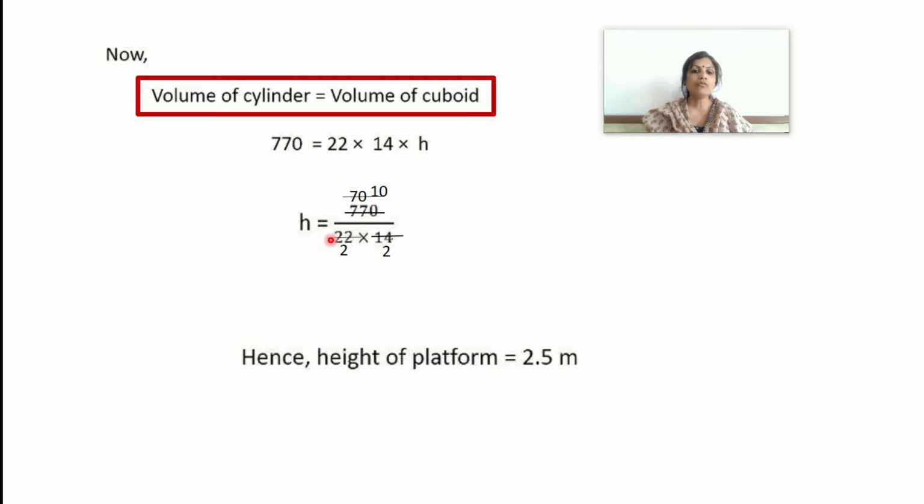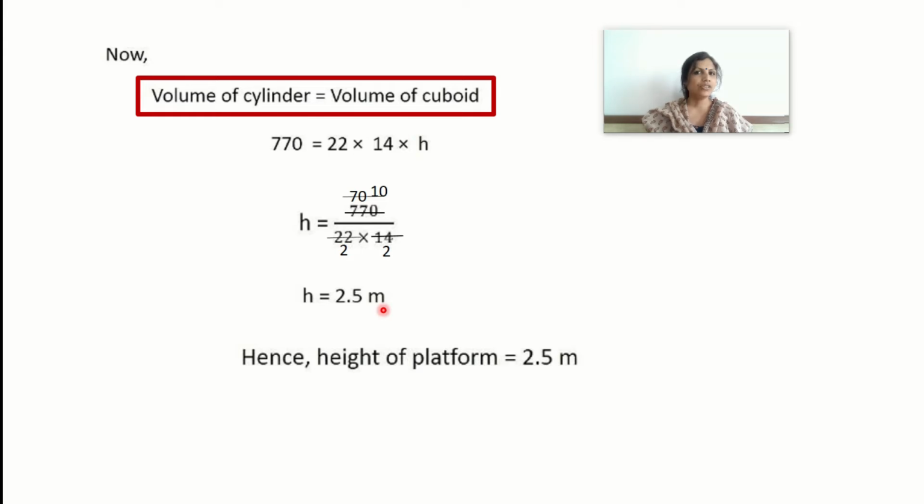Now you can check out what all things you can cancel. We can cancel 11 2s are 22, 11 7s are 77 and 0 as it is. Then we can also cancel 7 2s are 14 and 7 1s are 7, 7 zeros are 0. We are left with 10 upon 4. 10 upon 4 is 5 by 2 and 5 by 2 is 2.5 meter.